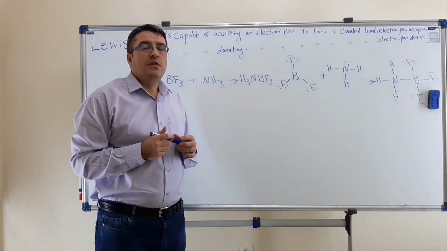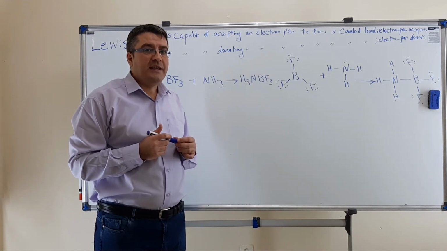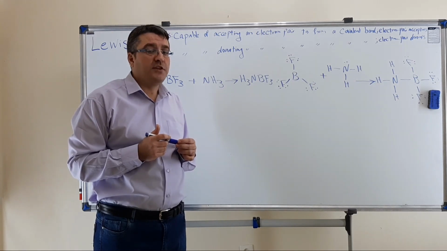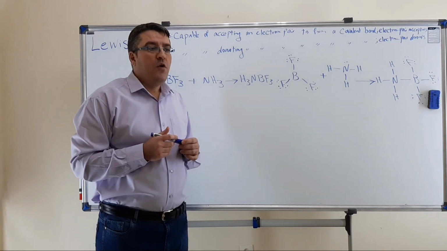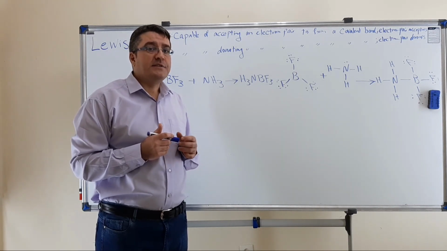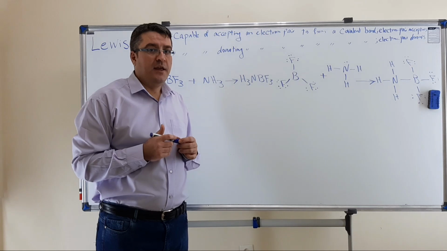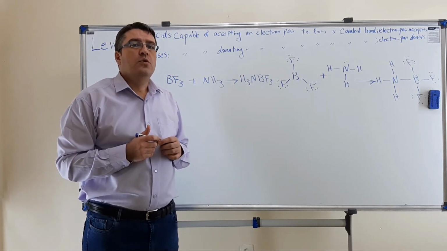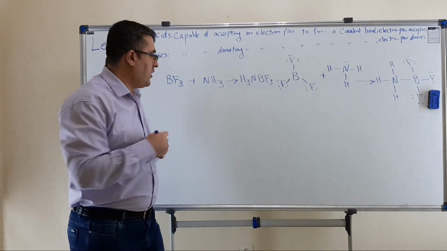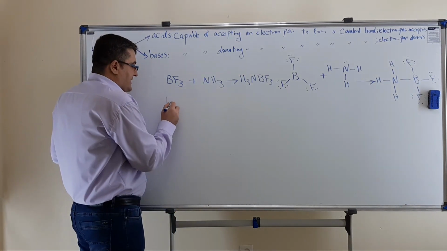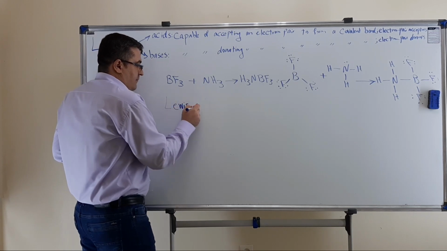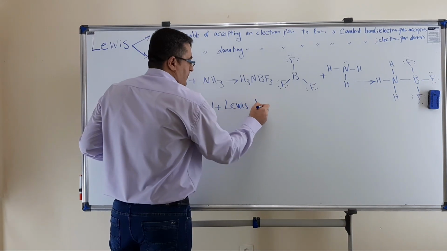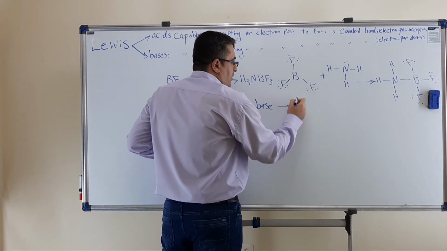This means that a Lewis acid-base reaction is an addition reaction with the formation of a single reaction product, or an adduct, where this adduct is called a Lewis adduct. So the general form of a Lewis acid-base reaction is as follows: Lewis acid plus Lewis base yields Lewis adduct.